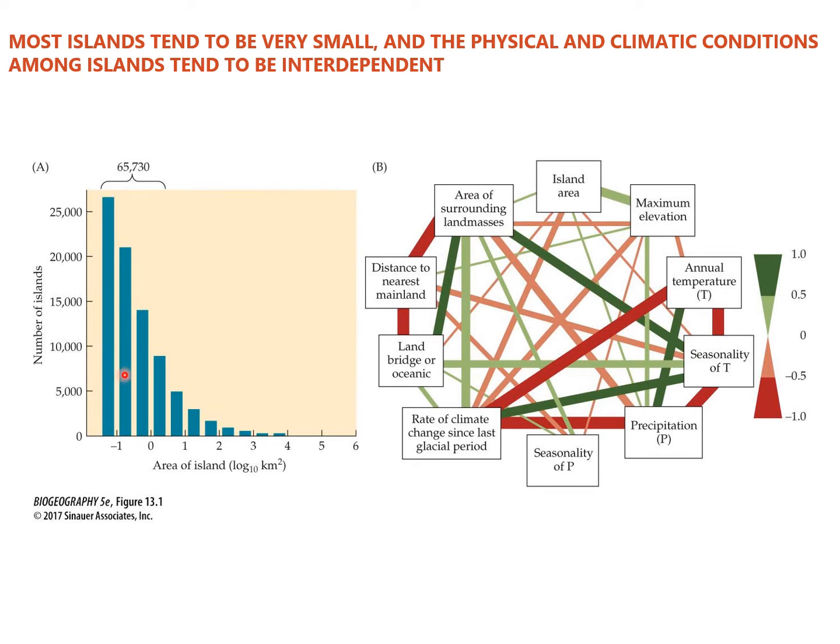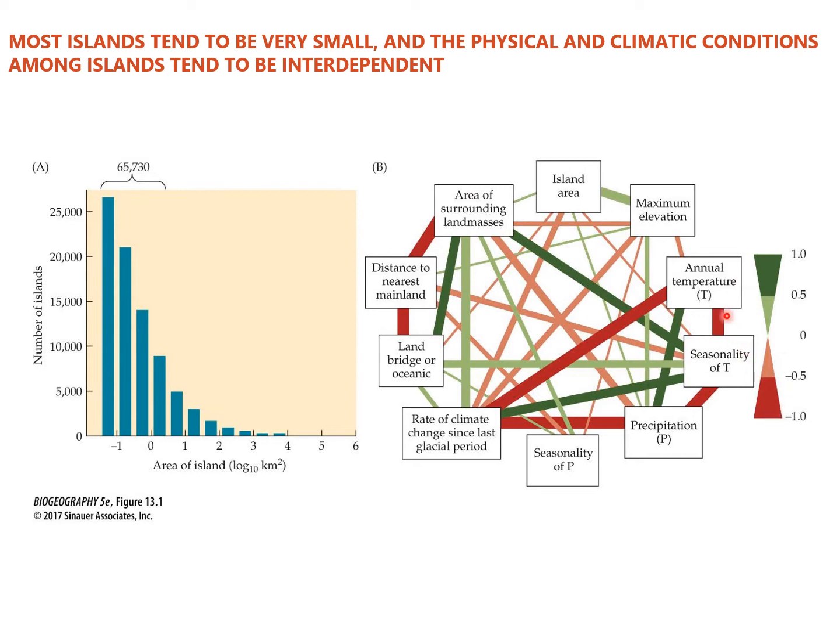So most islands are pretty small, and the physical and climatic conditions among islands tend to be interdependent. What we mean by that is this figure is a little bit chaotic, but it's showing the strength of the correlation between these different characteristics. A positive correlation would mean that these things increase and decrease together.